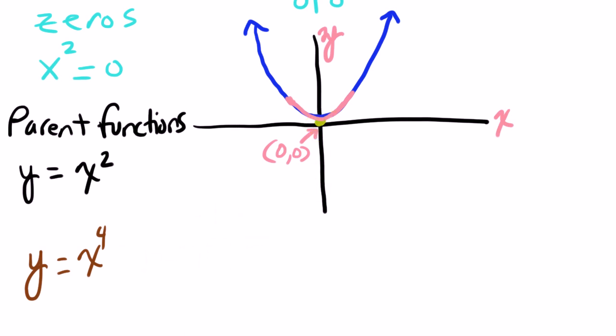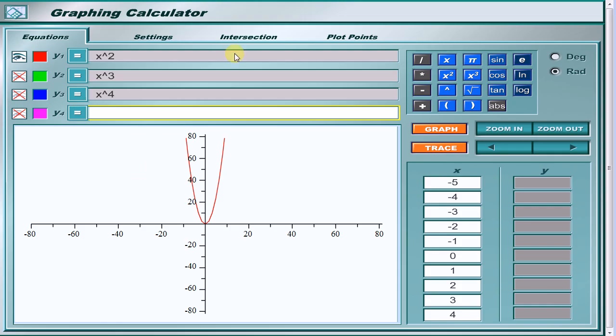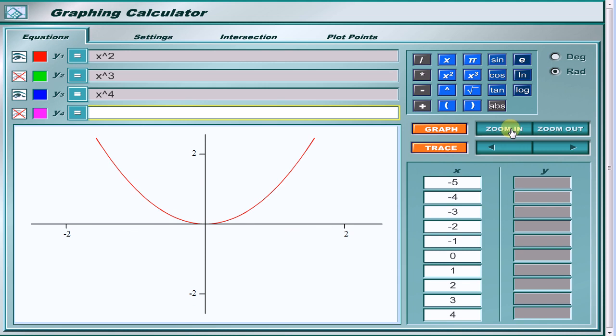And actually, let's look at it from this perspective. We'll go here, and so this is the x squared graph in red, and let's zoom in so we can really see what's going on here. Do you see how this is more tubbed out?